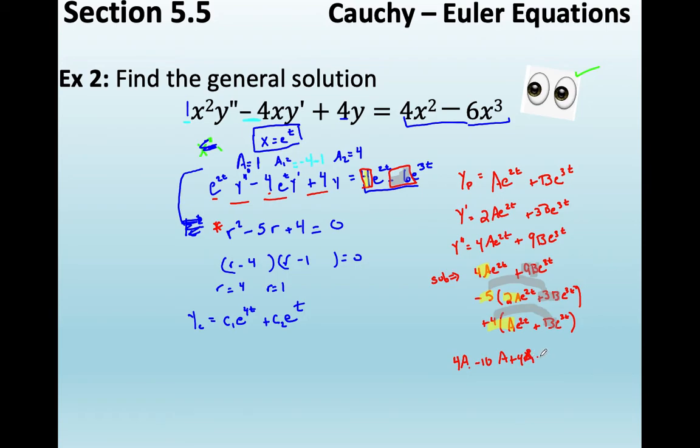Whoops, 4a, not 8. So negative 2a is equal to 4, meaning a is equal to negative 2. And then, what did I say for b? My gray ones are 9b minus 15b equals negative 6. So I got negative 2b is equal to negative 6, so b is equal to 3.